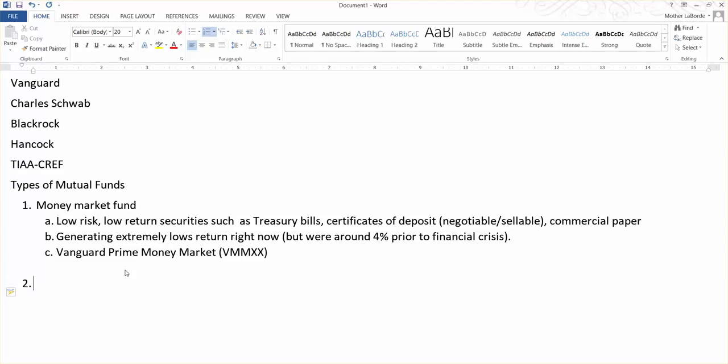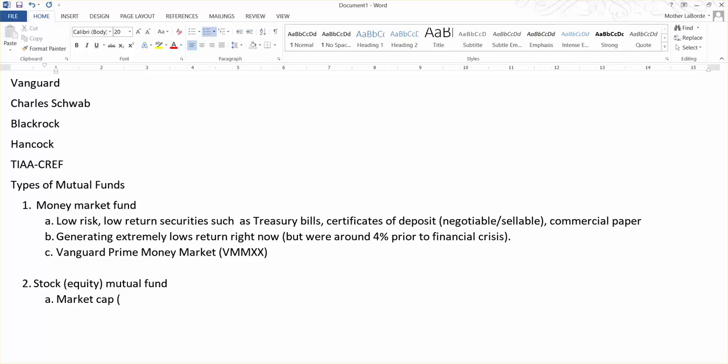Another type of mutual fund is a stock mutual fund. And sometimes you'll hear those called equity funds. It's the exact same thing. Now, an equity fund can be really focused. It can be focused on, let's say, small cap stocks.